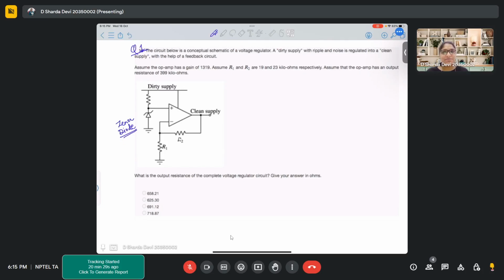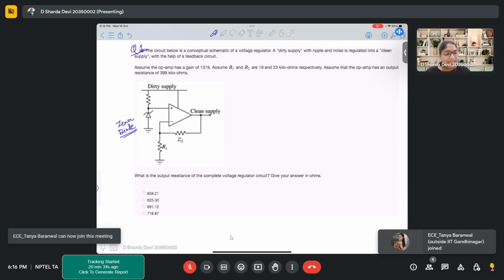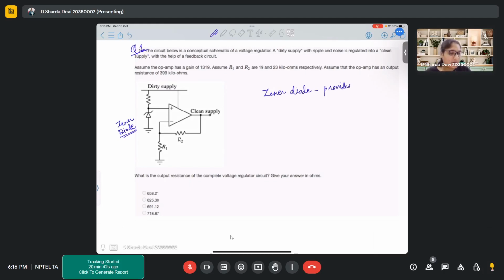No answers. So basically, a Zener diode provides constant voltage for any range of current.